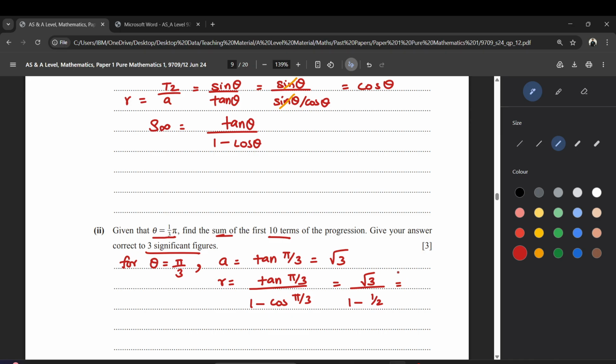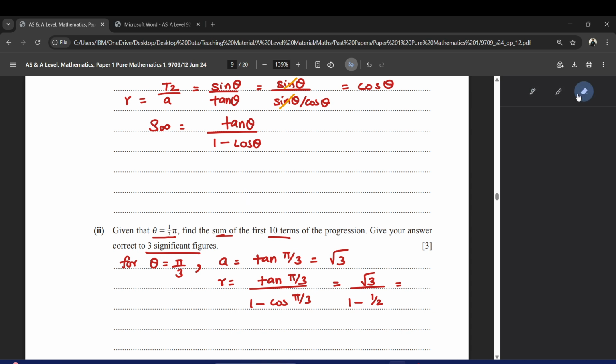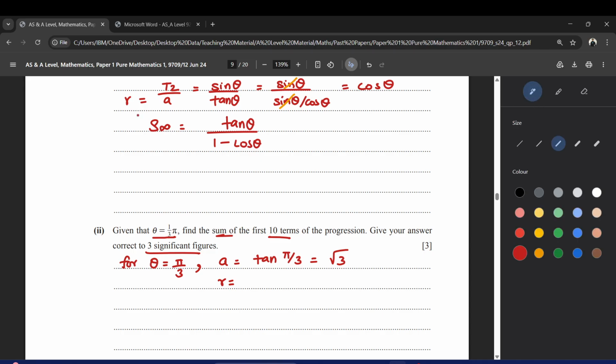Oh, okay, I see what I did wrong here. Sorry, my bad. R is actually just cos theta. So this should just be cos pi upon 3, and that would give you 1 upon 2, which is 0.5.